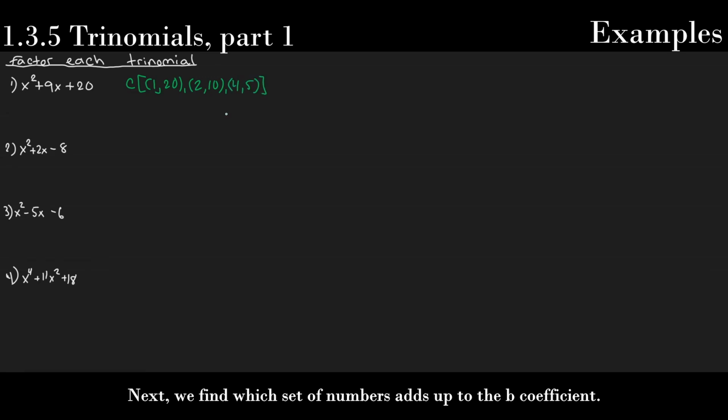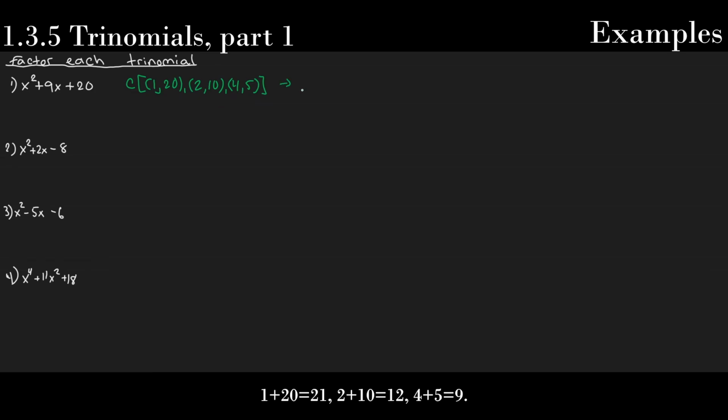Next, we find which set of these adds up to the b coefficient. 1 plus 20 is 21, 2 plus 10 is 12, 4 plus 5 is 9. The third set fills those criteria. So a binomial product is x plus 4 times x plus 5.